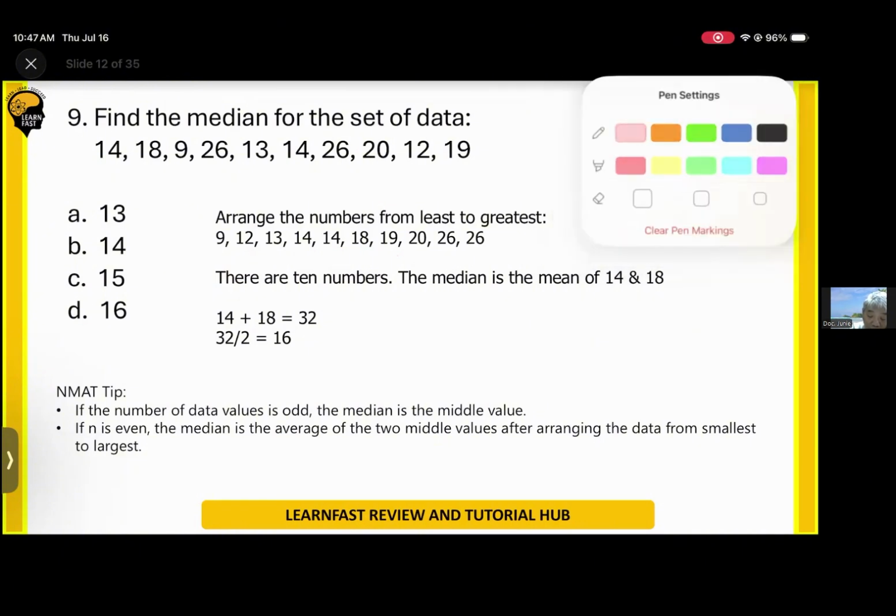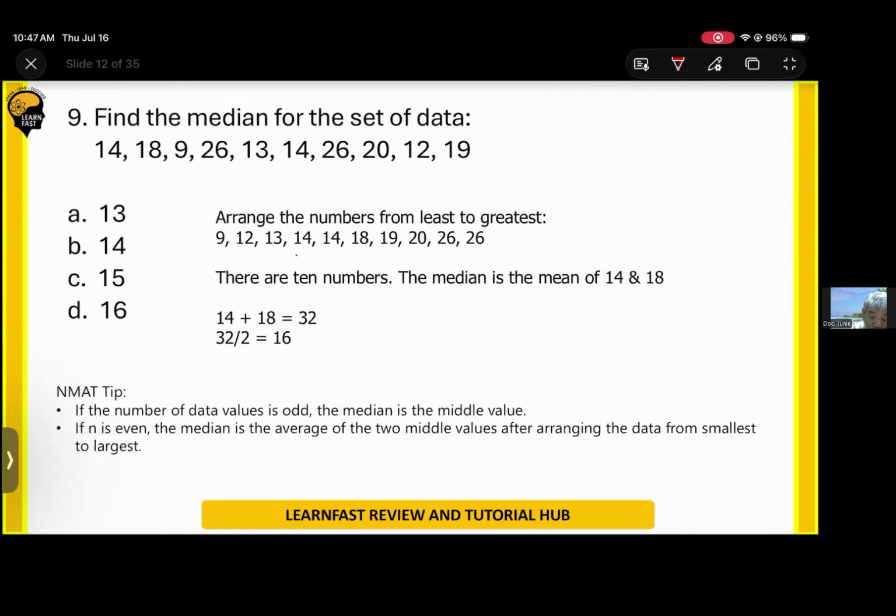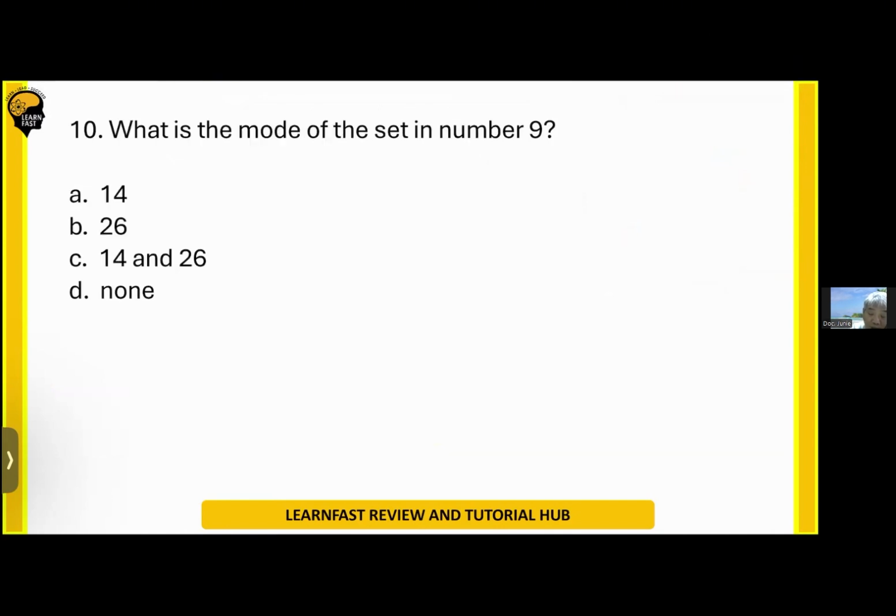So, kung mapapansin nyo, yung 14, dalawang beses nag-appear yun. Tapos yung 26, dalawang beses din nag-appear sila. So, if you will answer the question, what is the mode of the set in the number 9 question, dalawang sagot natin. You have a mode which consists of 14 and 26.